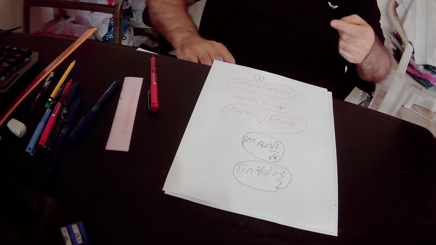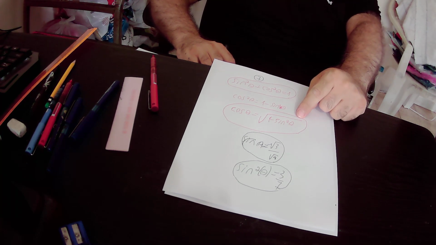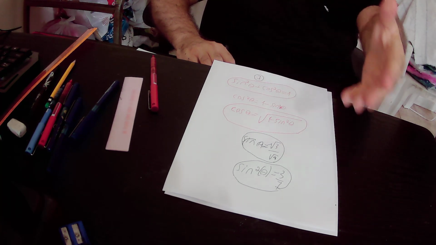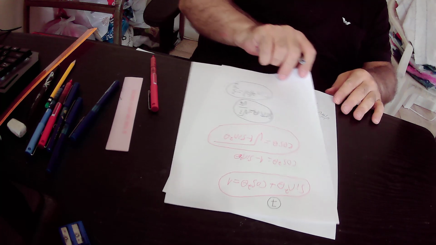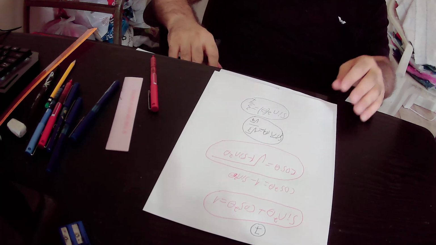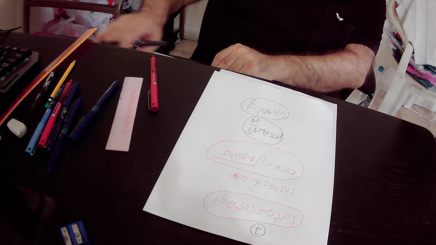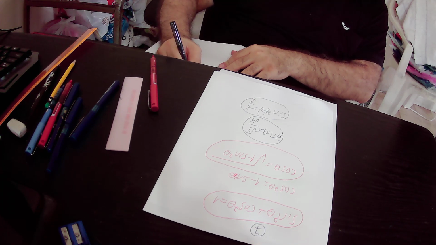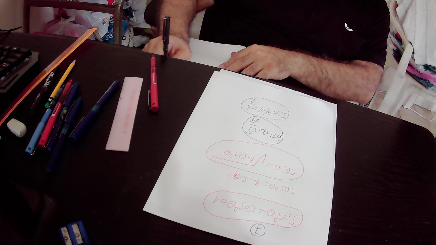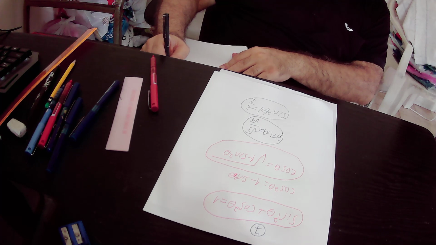In the next step, we will substitute sinus theta squared by 3 over 7, and we will get that the value of cosinus theta is the root of 1 minus 3 over 7.